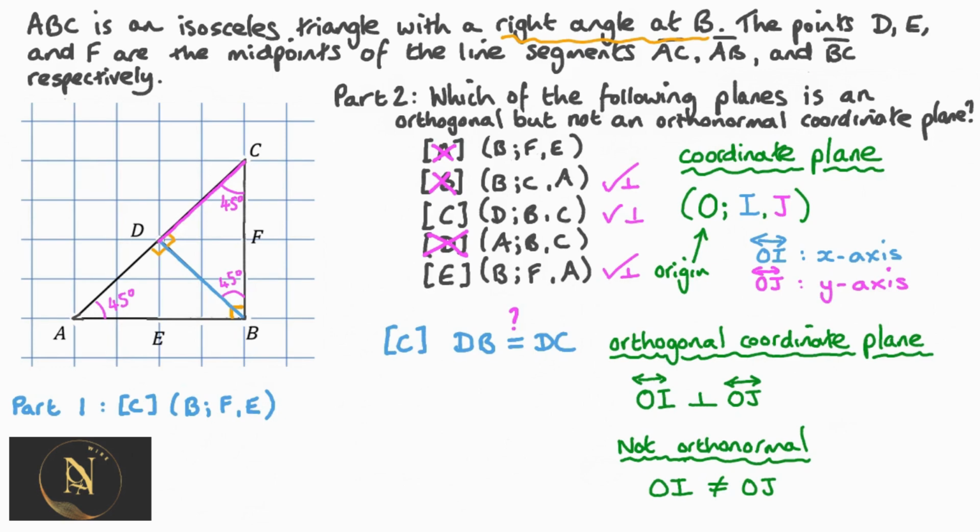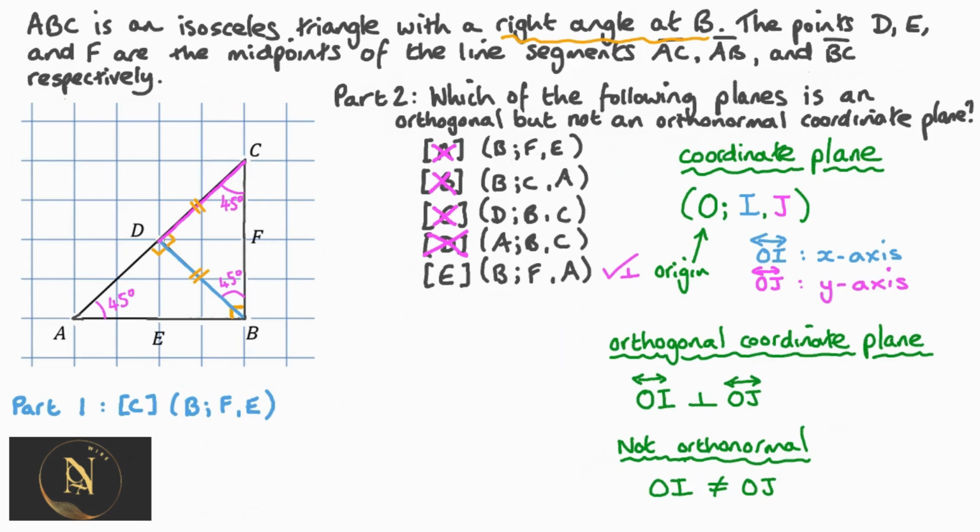So now we're looking at triangle BCD, and this is also an isosceles triangle. And so the side lengths DB and DC are in fact equal. This means that the unit lengths for option C are equal. Hence we can eliminate option C, since option C represents an orthonormal coordinate plane.